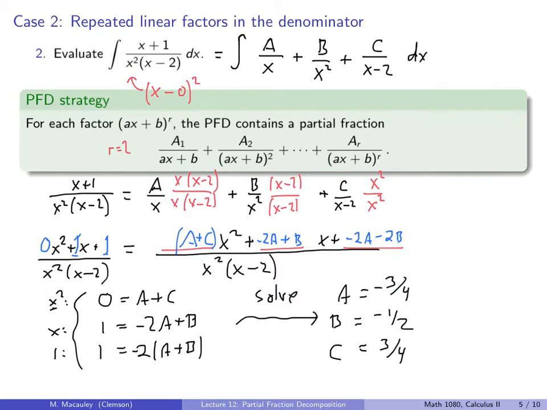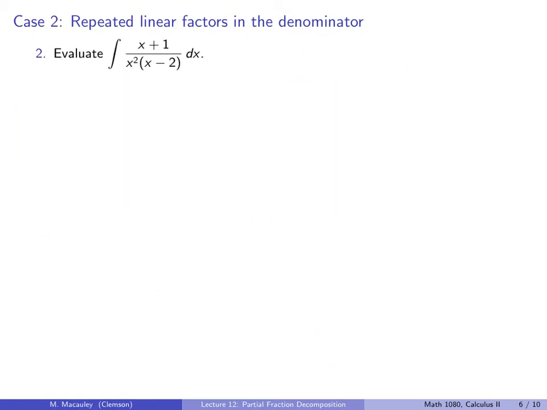Okay, so now that we have that, the next step is to take those numbers. Once we plug those into here, now we have 3 integrals that we can do. So let me summarize.